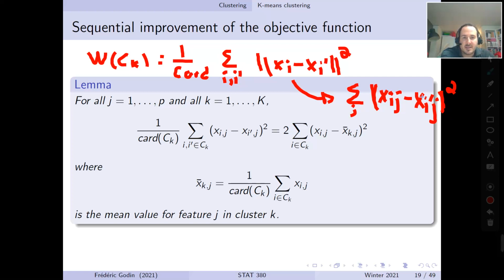Okay, so we can see that the within cluster variation for cluster k is simply this expression that is summed across all predictors j here.